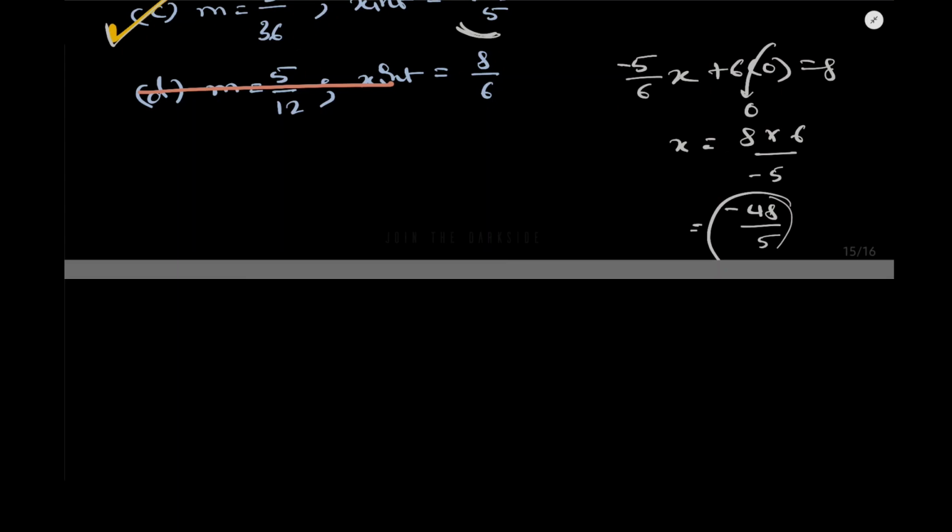Now let's move on to the point slope form. Point slope form is a bit interesting because it uses only the formula for the slope. I'll show you how.